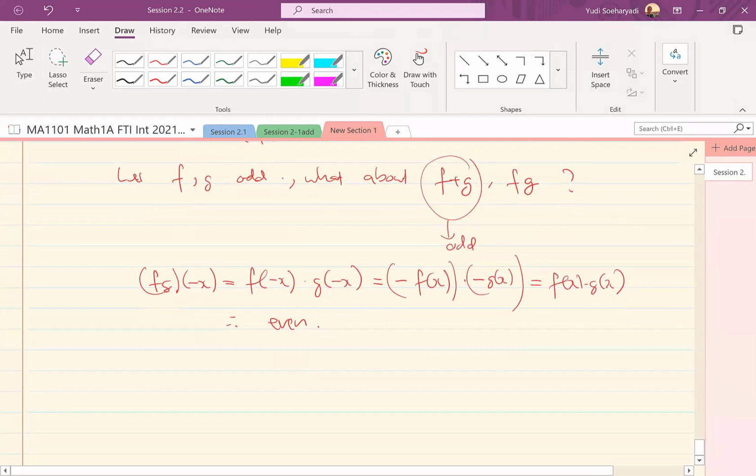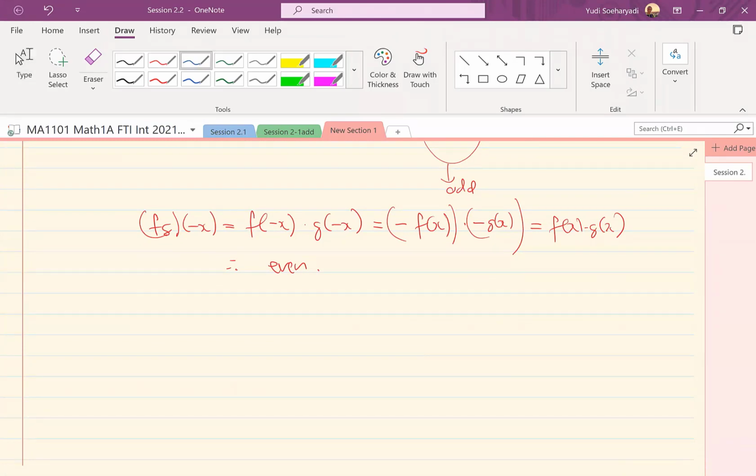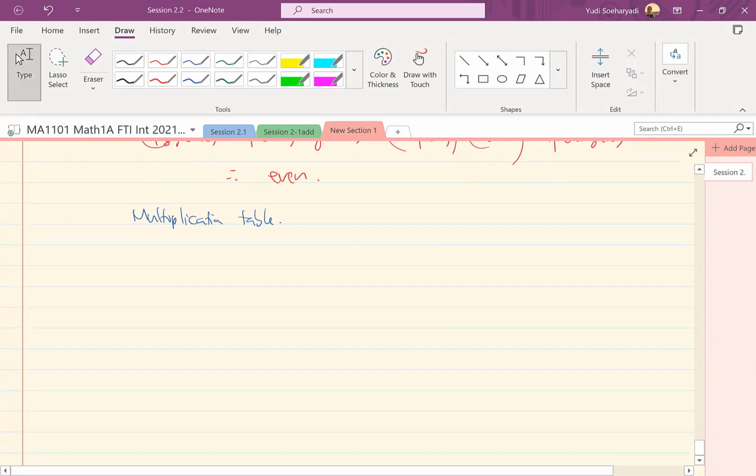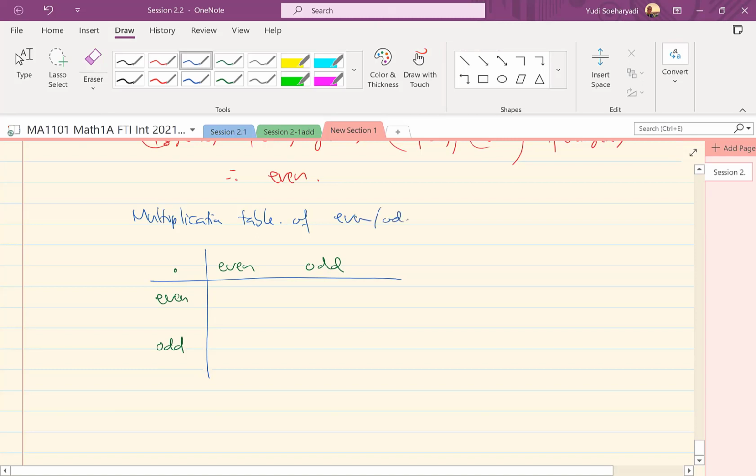Okay, so if you have multiplications, you sort of have something that looks like this. Multiplication of even or odd functions. Okay, so even times even is even.